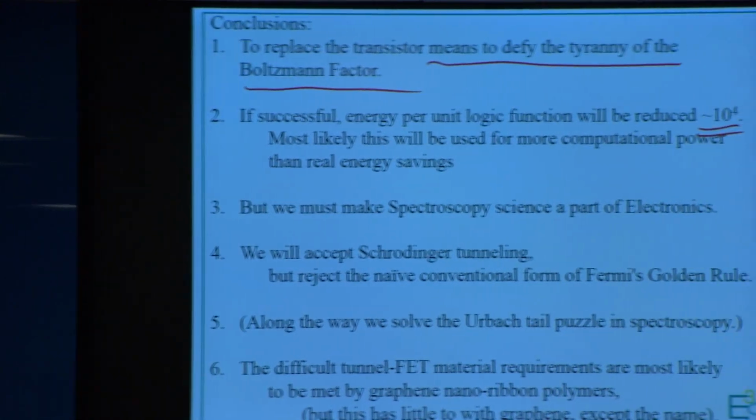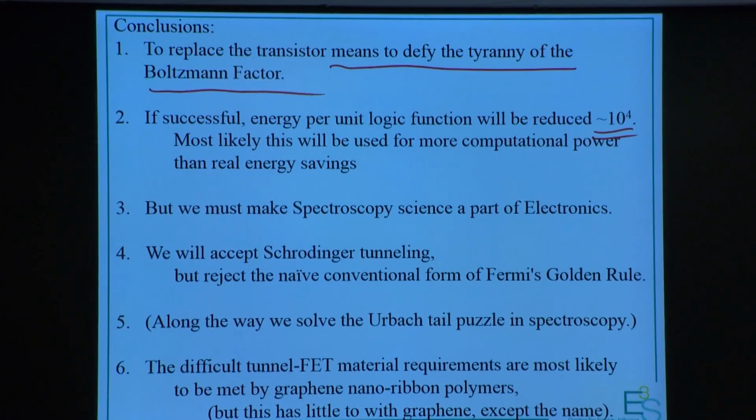So let me wrap up with some conclusions, and that is that to replace the transistor means to defy the tyranny of the Boltzmann factor, and if successful, then you reduce the power consumption or energy consumption of all the electronics.